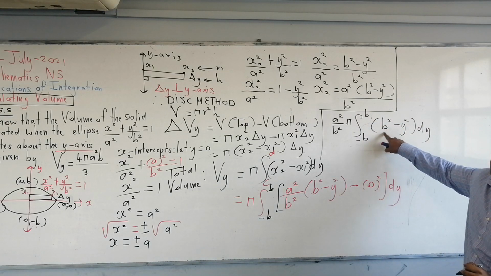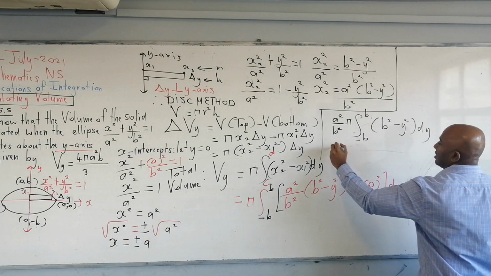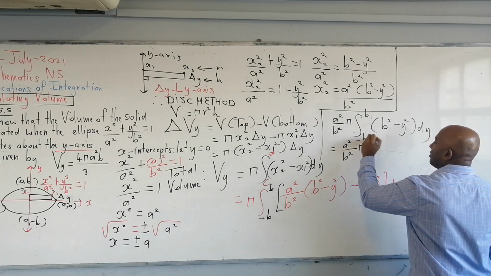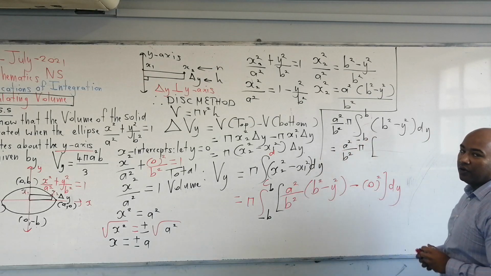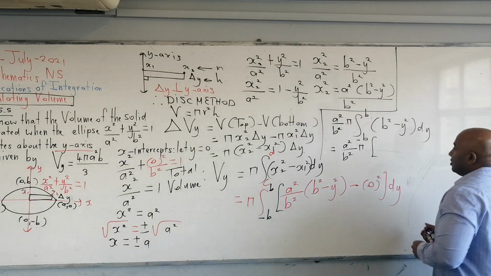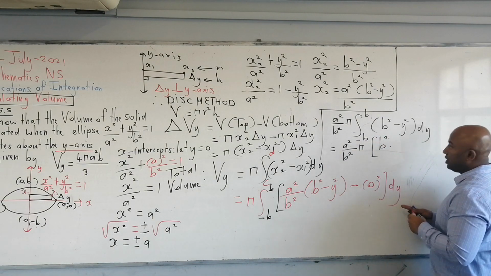Now it's much easier to integrate this. So this is going to be equal to a squared over b squared pi. Now I can integrate with respect to y. So this is going to be b squared, which is a number.